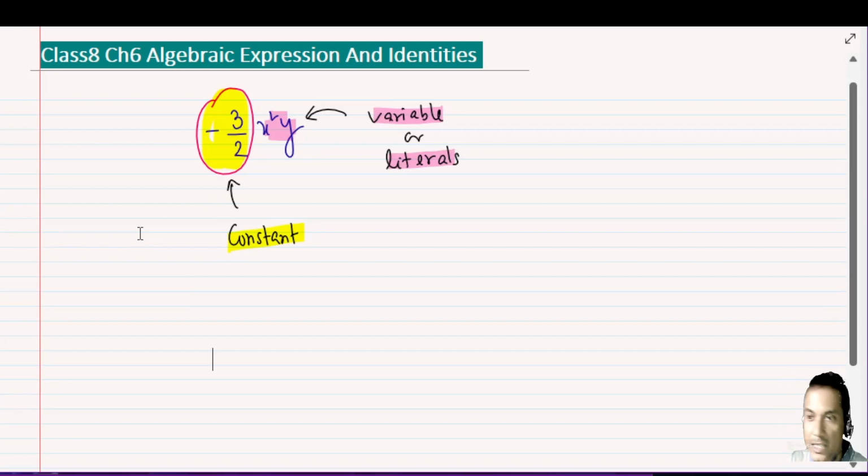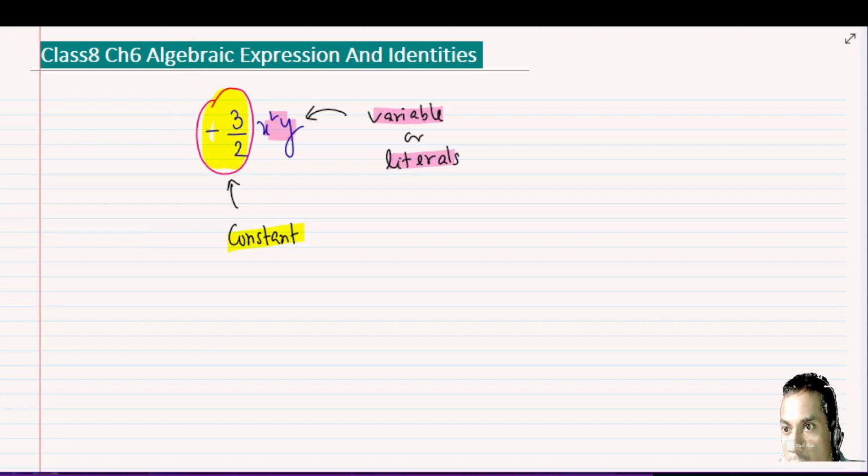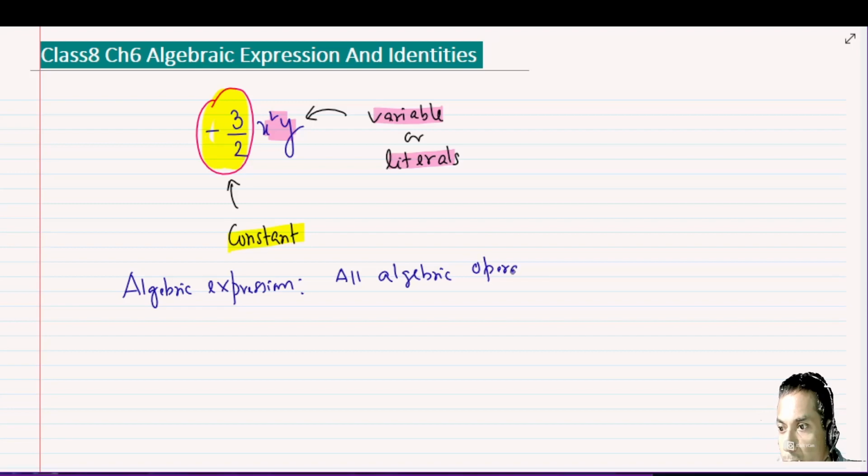And next, if it asks what is the coefficient of this expression, so this is the algebraic expression. So algebraic expression contain what? Algebraic expression contain all algebraic symbol, operating symbol, that is plus, minus, multiplication and division.